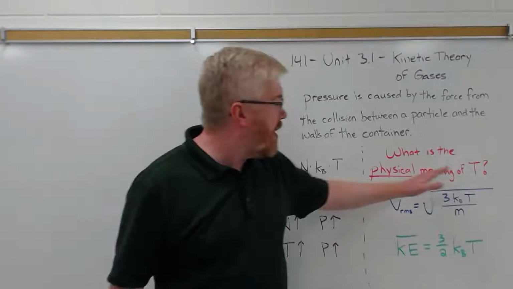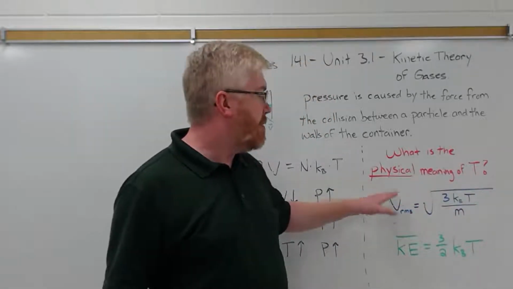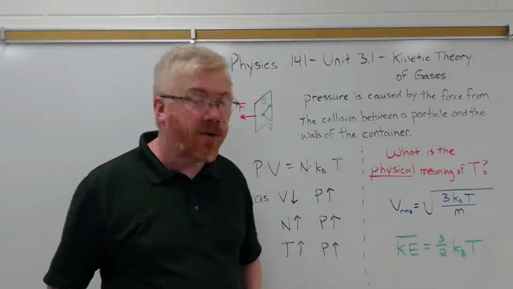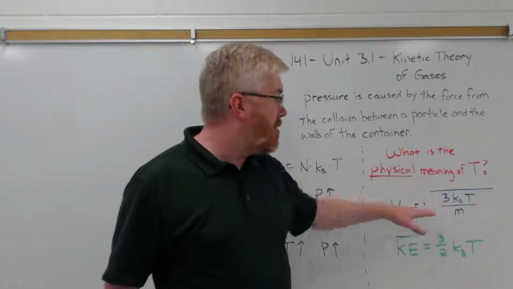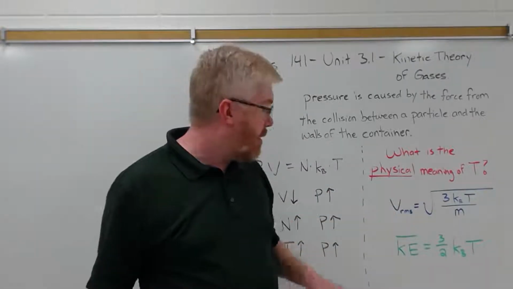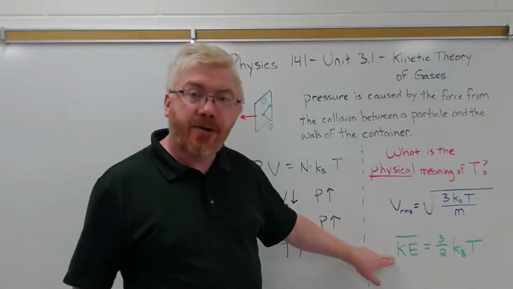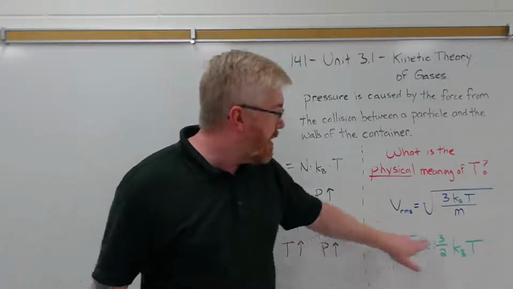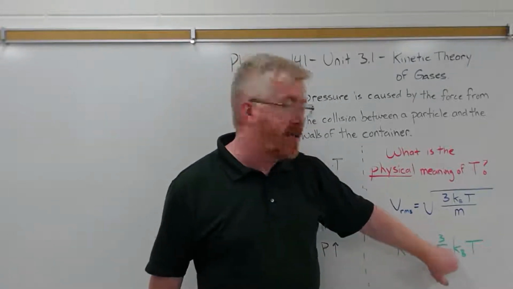What you can do is rearrange this equation, square both sides, multiply both sides by m, divide both sides by 2, and you can rearrange it to kinetic energy on one side of the equation. So the average kinetic energy of a molecule or an atom in a gas is equal to 3/2 Boltzmann's constant times temperature.